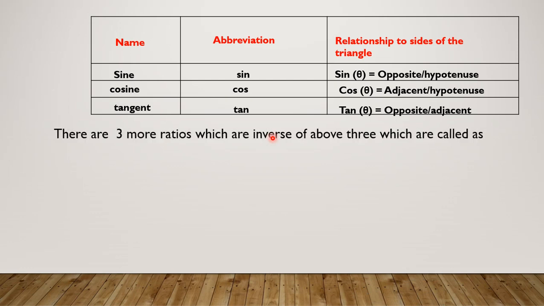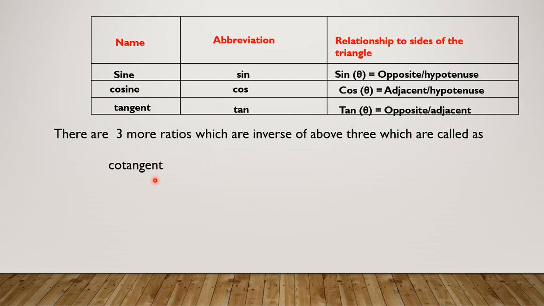Now there are three more relations in trigonometry which are the inverse of these three. That is, the next three are made from the above three main relations.